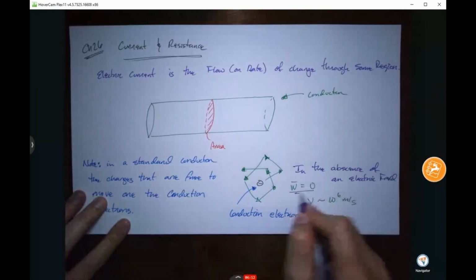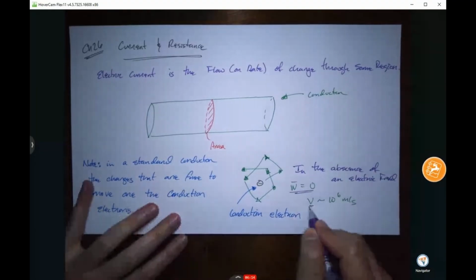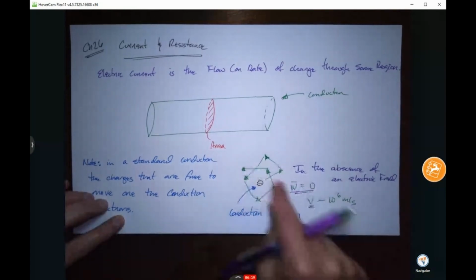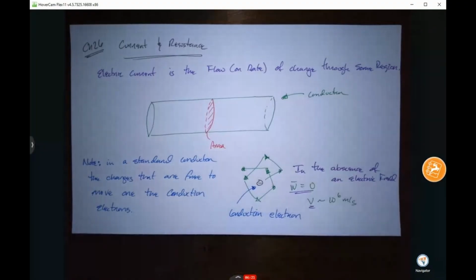So in the absence of an electric field, your average velocity is 0, but it's moving very quickly as it goes on average nowhere. You know, zoom, zoom, zoom, zoom, zoom, and it gets nowhere kind of things.